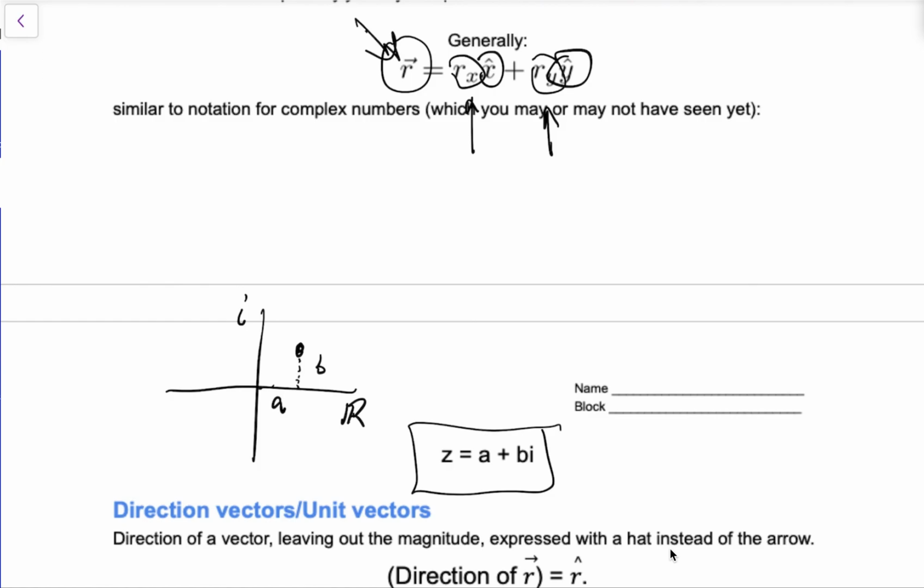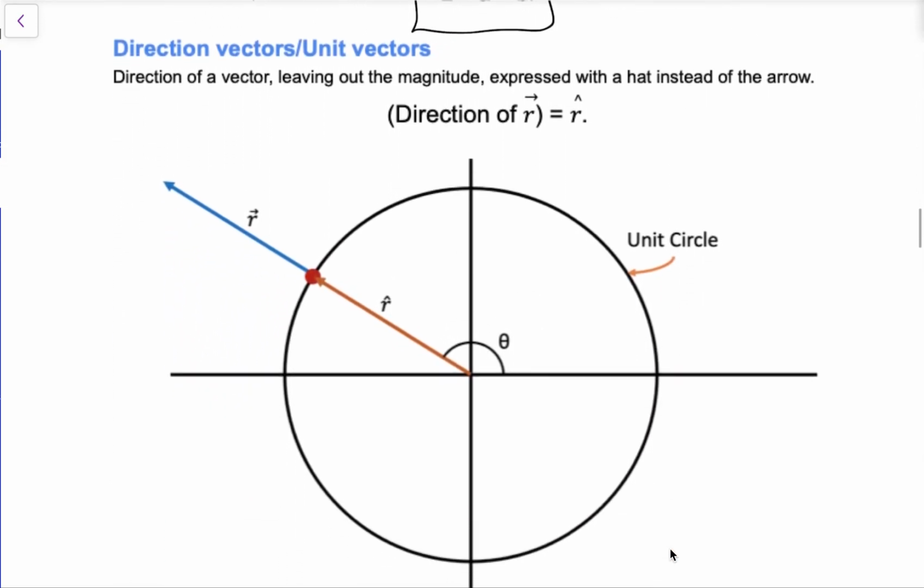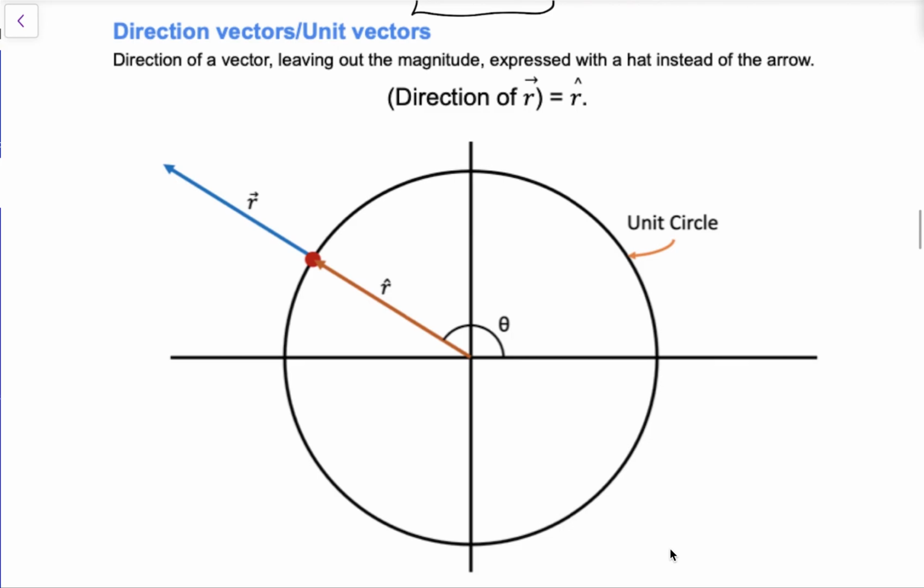So this point is a plus bi. It's not this vector. That's a little different, even though we'll often draw that thing that looks like a vector just to be able to figure out what's going on. I hope I didn't confuse you too much with that.